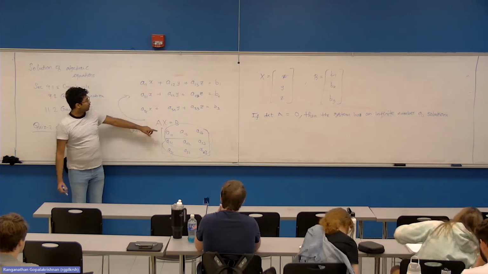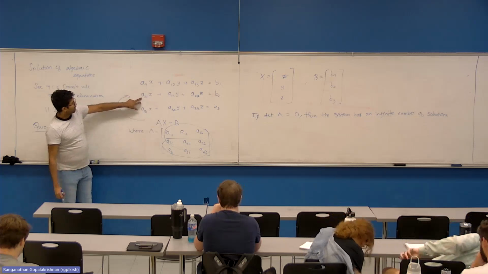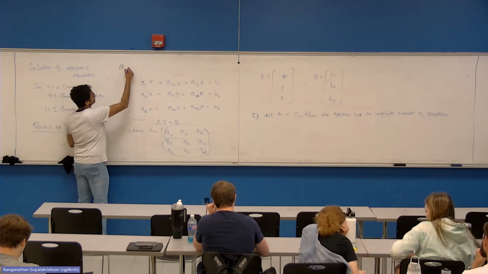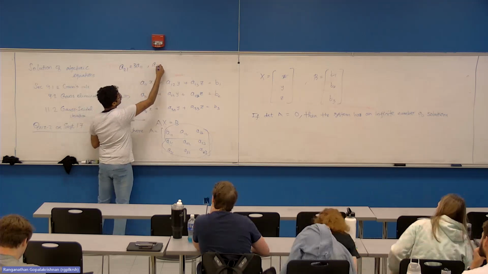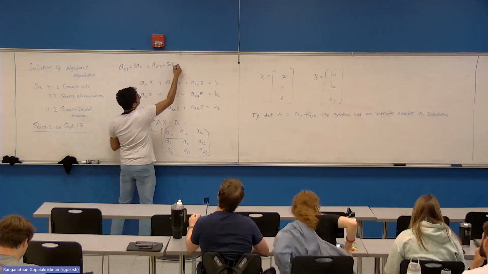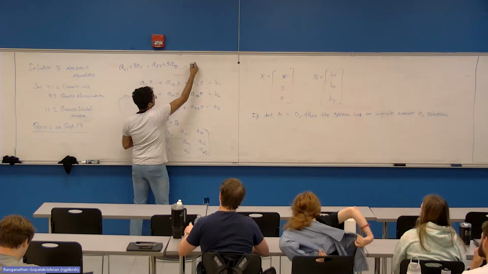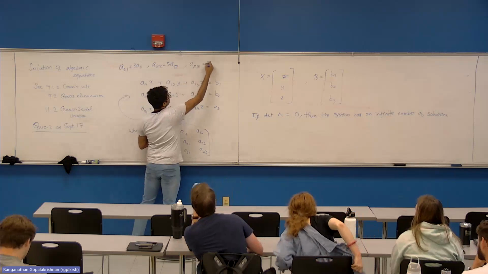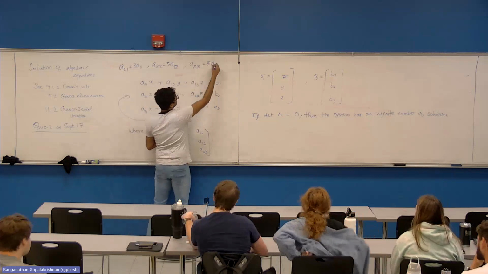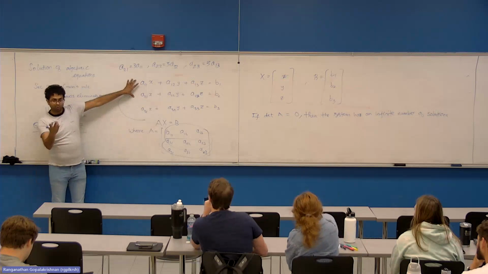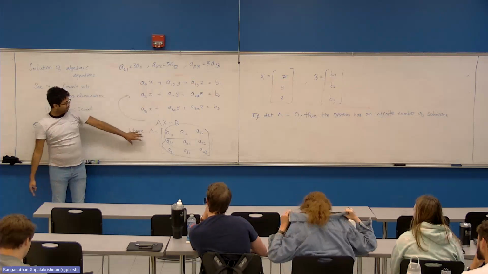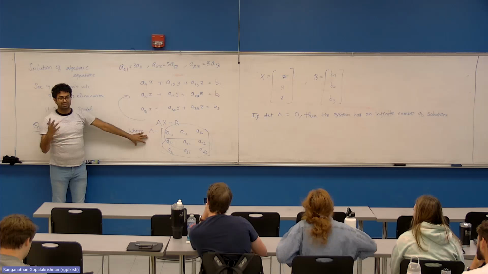If, for example, you have A21 is nothing but 3 times A11 and A22 is 3 times A12 and A23 is nothing but 3 times A13. If that is the case, if two rows are identical, this matrix has a determinant of 0.